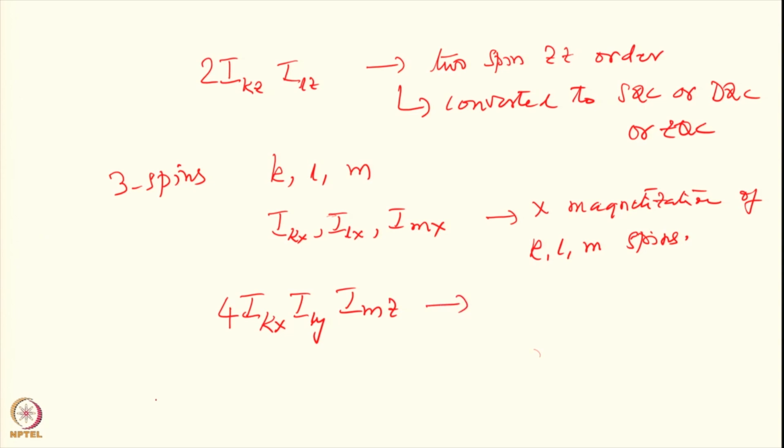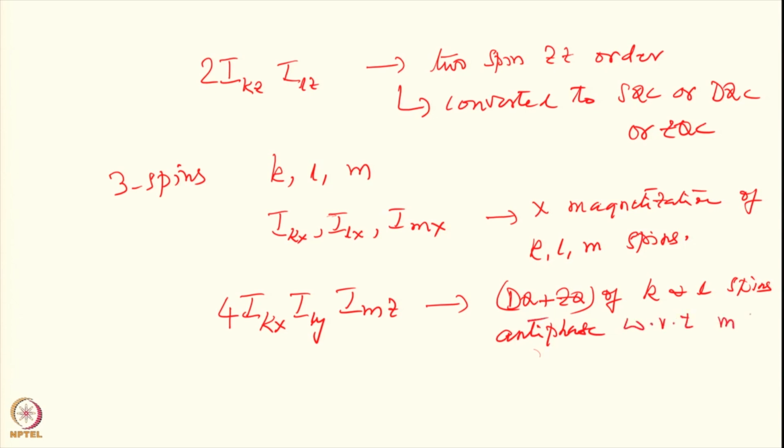This will imply DQ plus ZQ of K and L spins antiphase with respect to M spin. Note whichever one is Z, it is antiphase with respect to M spin. So, this will lead to a particular kind of a pattern in your final spectrum when you generate it.